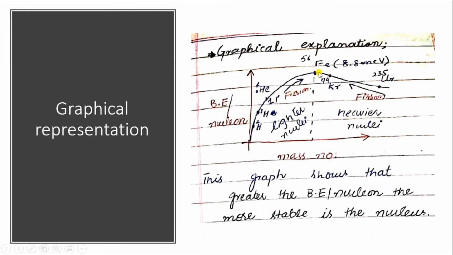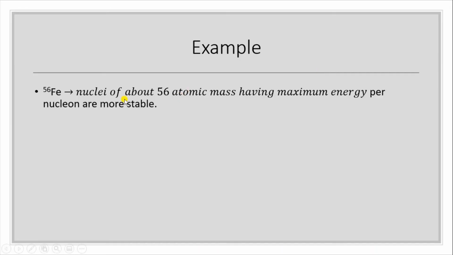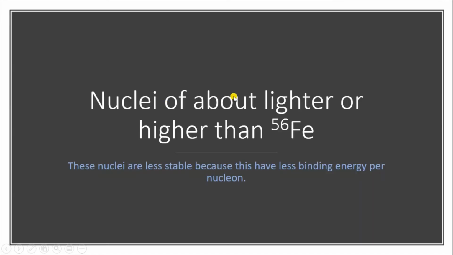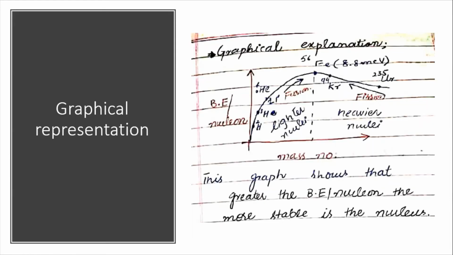From that example, iron 56, having atomic mass 56 and maximum energy per nucleon, is more stable. Nuclei that are lighter or heavier than iron are less stable, because they have less binding energy per nucleon than iron. In this graph you can see that helium and hydrogen have less binding energy per nucleon, so they are less stable.